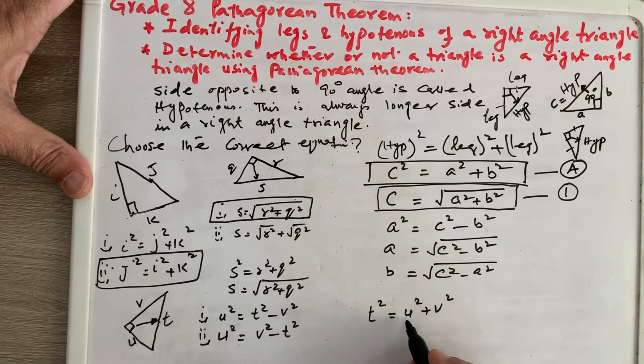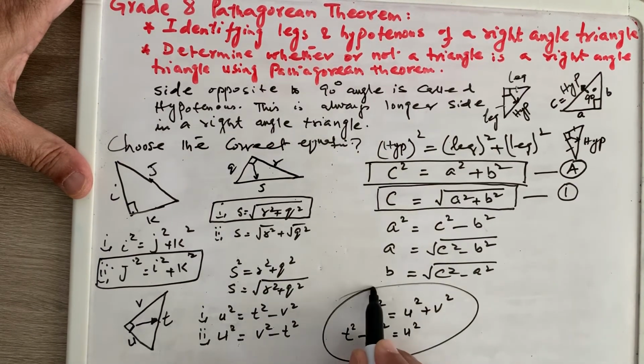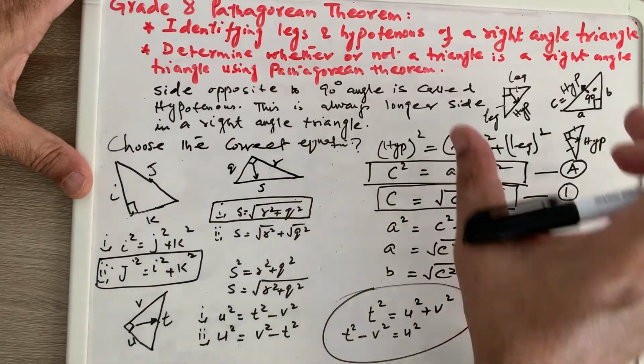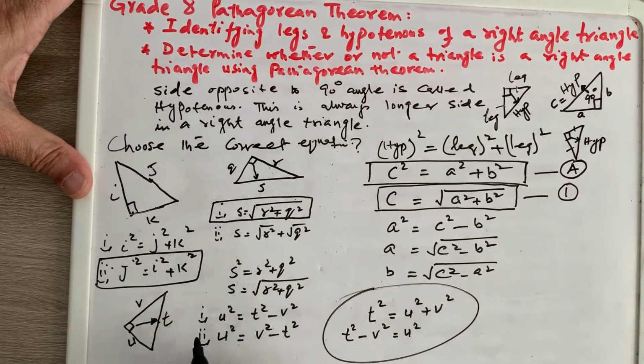So I have to manipulate for U. That means U square would be equal to the longer side minus the leg. Which leg? V square. So T square minus V square is the correct answer. So we just think about the formula of the Pythagorean theorem, and then circle the correct one. So I choose this one, right? This is my right answer.